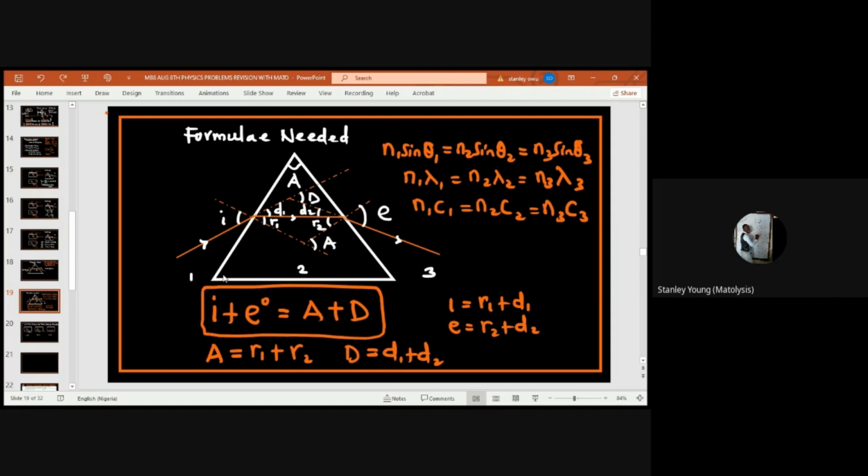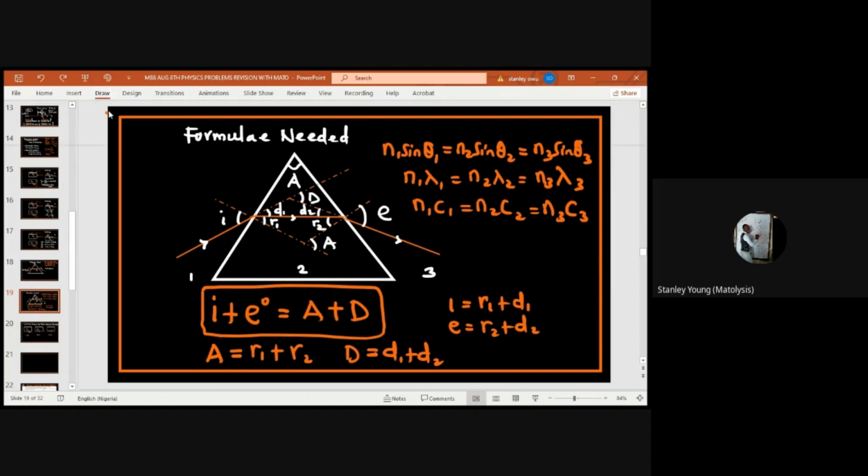If you add I plus E together on the left-hand side, R1 plus R2 gives the A you have here. Similarly, D1 plus D2 equals the capital D you have there. So these are the formulae you need here.